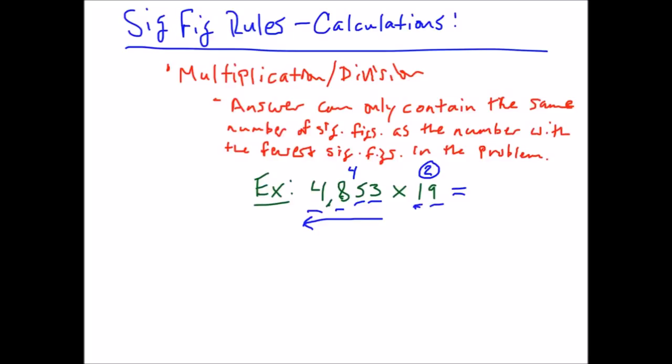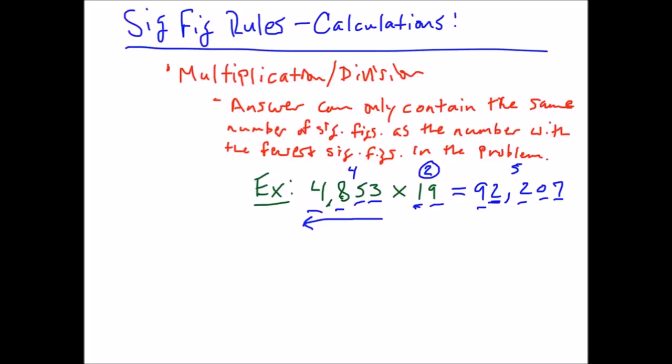So if you do your multiplication there, you're going to come up with 92,207 as your answer. Okay, let's see how many sig figs this has. Alright, right now it's got 5 sig figs, and we have to cut it off at 2.